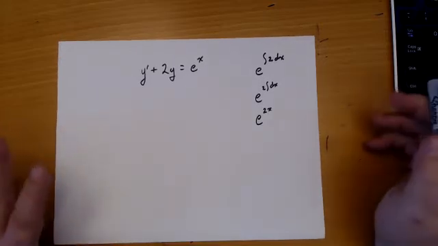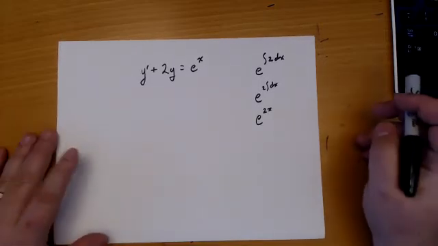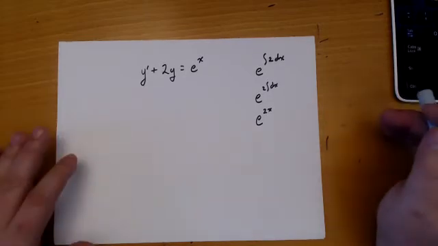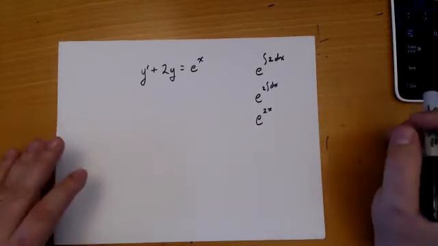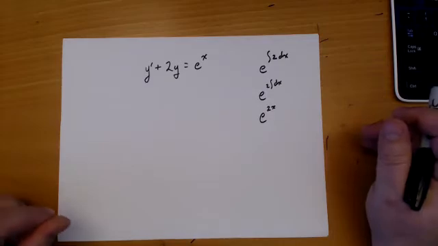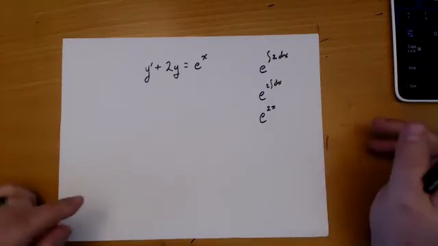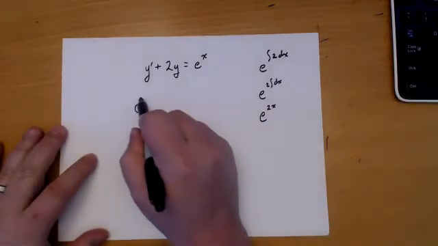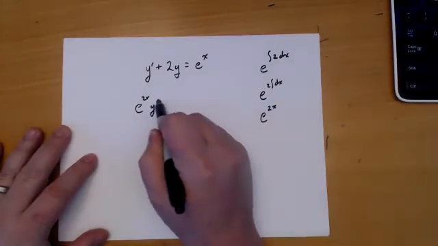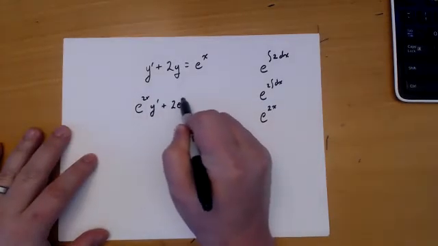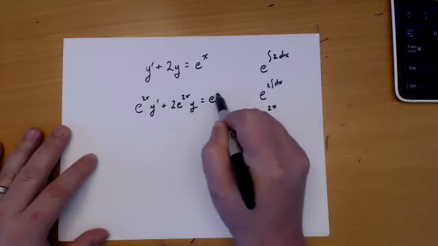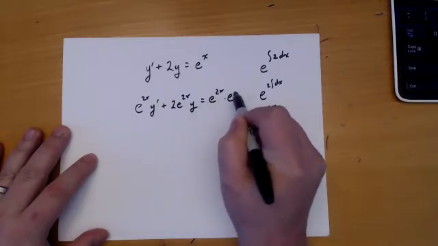Now I'm going to actually go through all the steps on this so that you can see it and do it a few times. And then once you've gotten fluid with it, you can jump to your answer. Okay. So e to the 2x y prime plus 2e to the 2x y is equal to e to the 2x times e to the x.